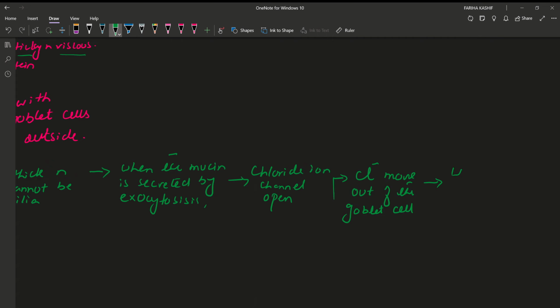Now, when the chloride ions move out of the goblet cells, the water potential of the goblet cells increases. When something moves out of the cell, it contains less solute, its concentration is lower, therefore its water potential increases.